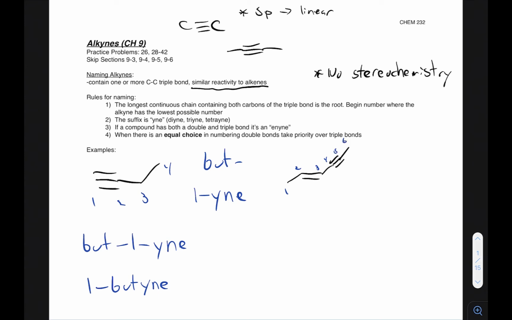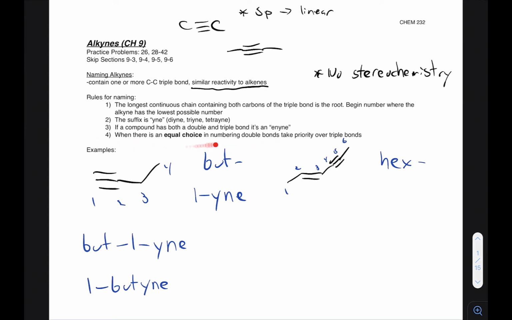So we see this has 6 carbons, so hex is our parent chain here. And notice, we have a double bond and a triple bond. And pretty easy to see, no matter which way we number it, we would be starting at the alkene being at the 2 position or the alkyne being at the 2 position, if we numbered it from right to left instead. So we have an equal choice, right?